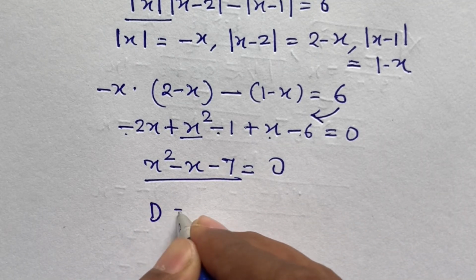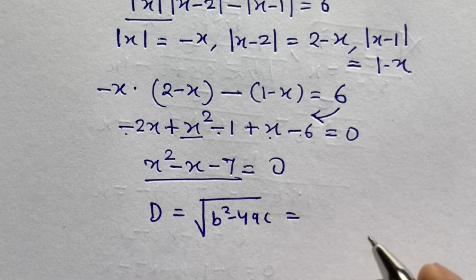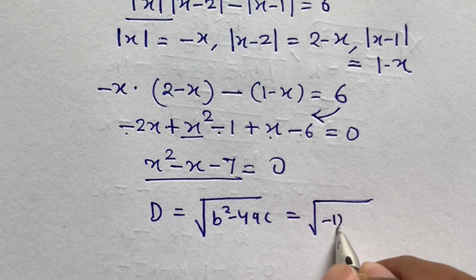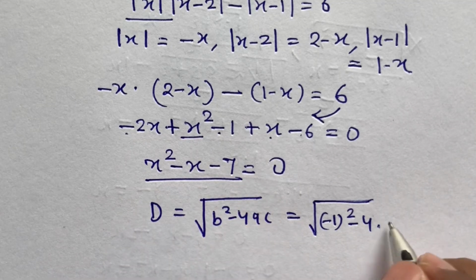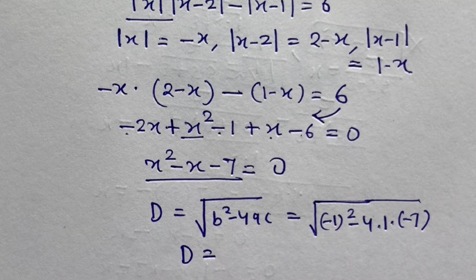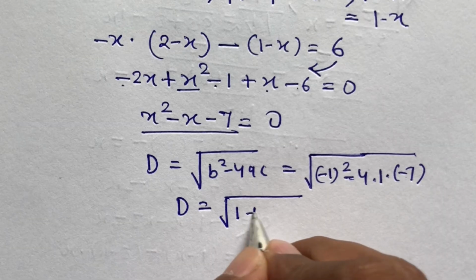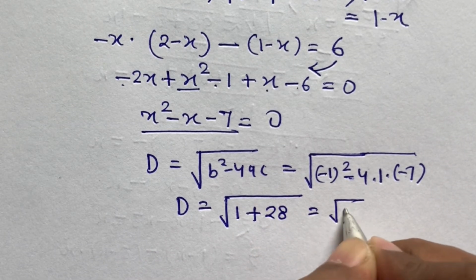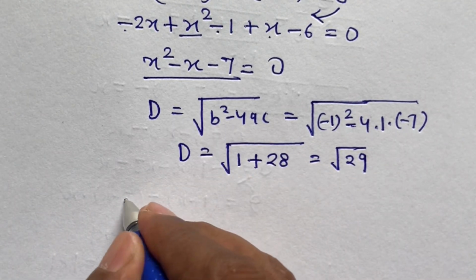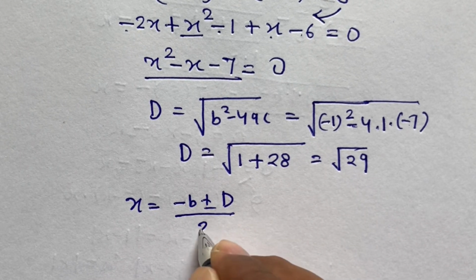Let's see. Its D is equal to the square root of b square minus 4ac, which is the square root of minus 1 square minus 4 times 1 times negative 7. So D is equal to the square root of 1 plus 28, which equals the square root of 29. So x will be equal to negative b plus or minus D divided by 2.